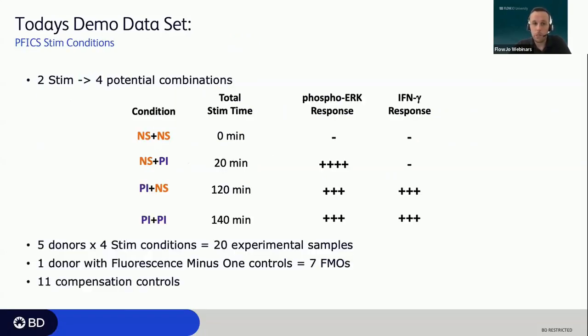So we have two stimulations. For the combinations: double non-stimulated, non-stimulated then stimulated, stimulated then non-stimulated, and double stimulated. So we had 5 donors with these 4 conditions. That means we have 20 experimental samples. We also ran our FMOs. FMO, if you don't know, stands for fluorescence minus one.